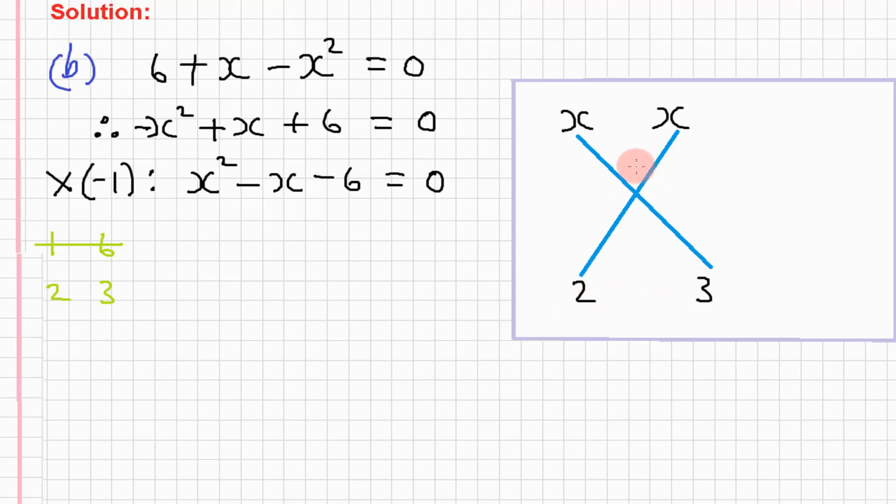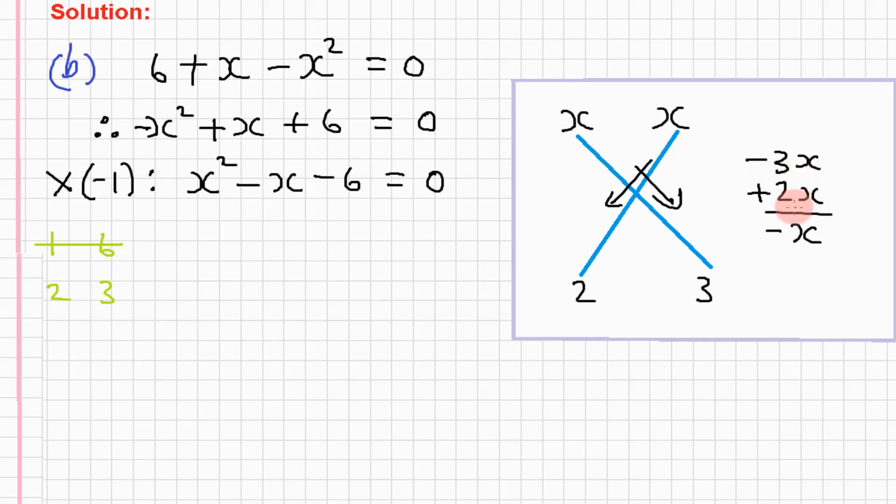Now we can cross multiply. So x times 3 is 3x. And x times 2 is 2x. Our middle term must be negative 1x or negative x. The only way that 3 and 2 will give negative 1 is if the 3 is negative and the 2 is positive.